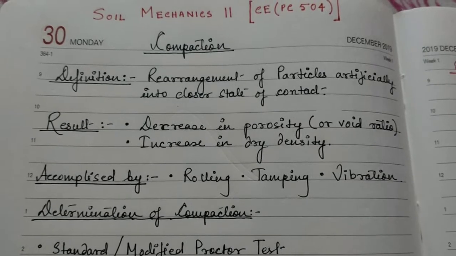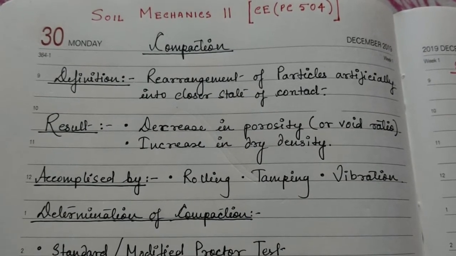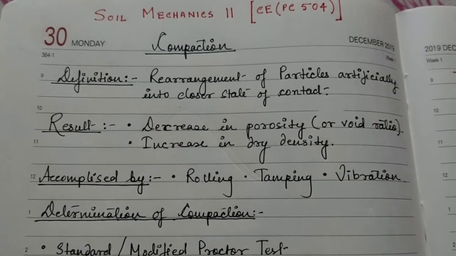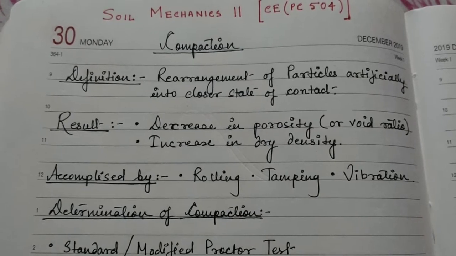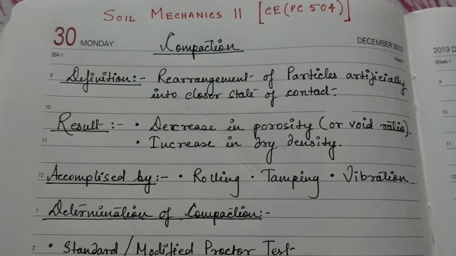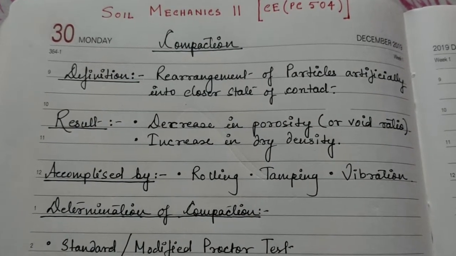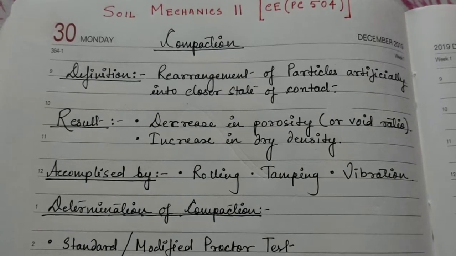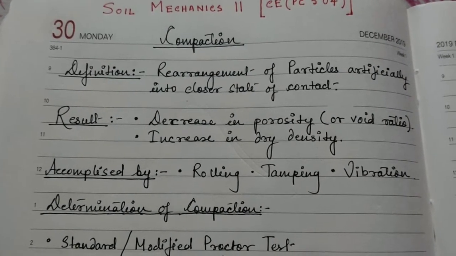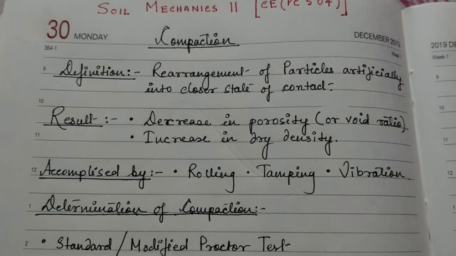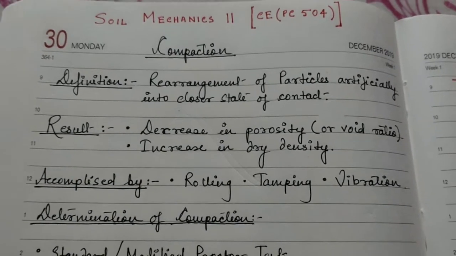As you have gone through in the previous soil mechanics part, by increasing the density of the soil, the bearing capacity or the unit weight of the soil increases. So what is the result of compaction?